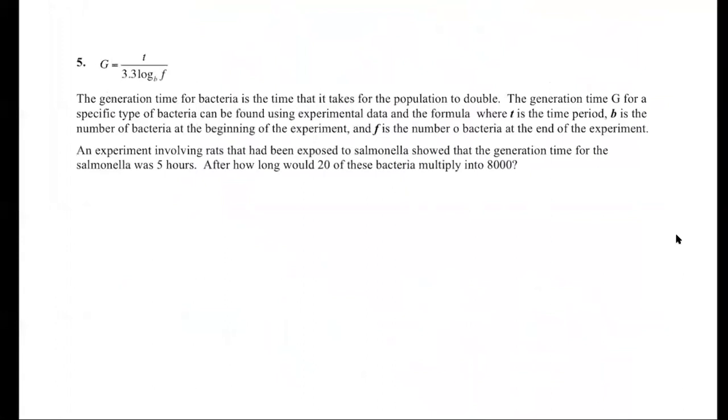Let me have a reader, please. Bowen, can you read this one out for us? The generation time of a bacteria is the time it takes for the population to double. The generation time G for a specific bacteria can be found using experimental data, and the formula, where T is the time period, B is the number of bacteria at the beginning of the experiment, and F is the number of bacteria at the end of the experiment.